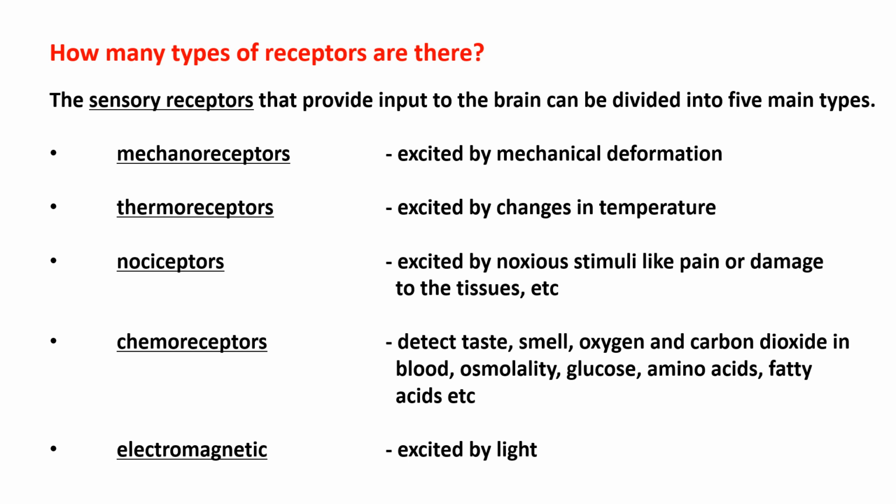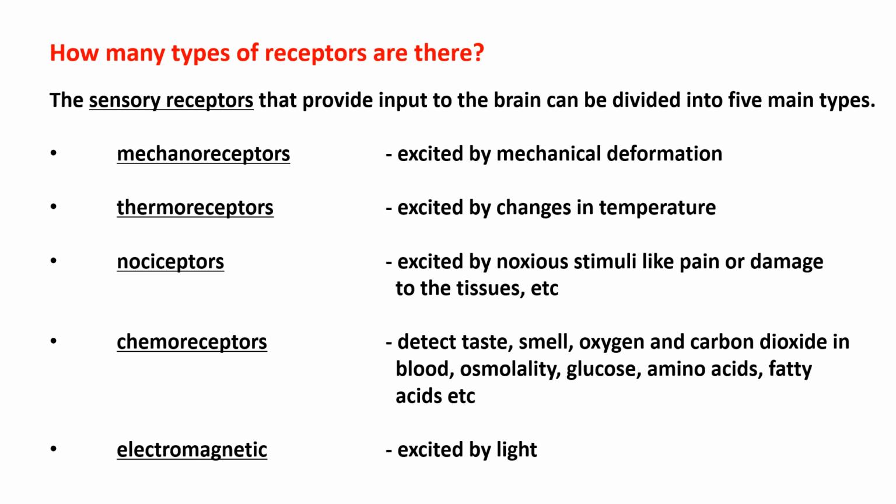Then you have the Thermoreceptors. These are usually excited by changes in temperature. You have Nociceptors. These are excited by noxious stimuli like pain or damage to the tissues. And then you have the Chemoreceptors. These are the ones that detect taste, smell, or gas compositions in your body, osmolality, and a few other substances that you have in your body.